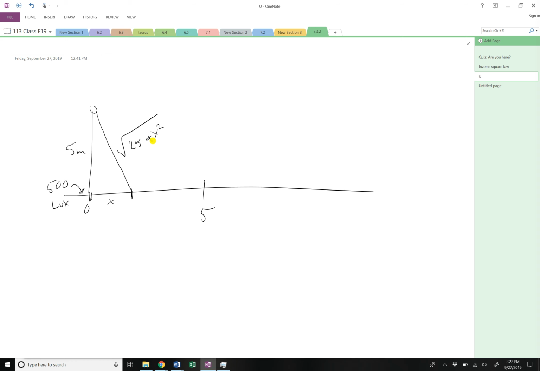So I want to know the average value over these 5 meters.